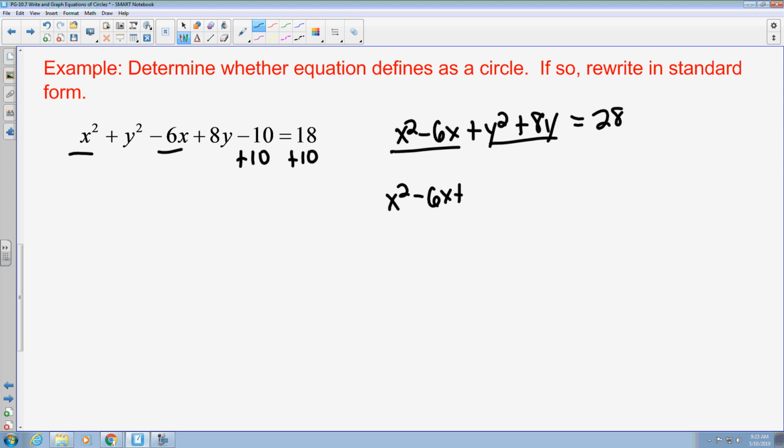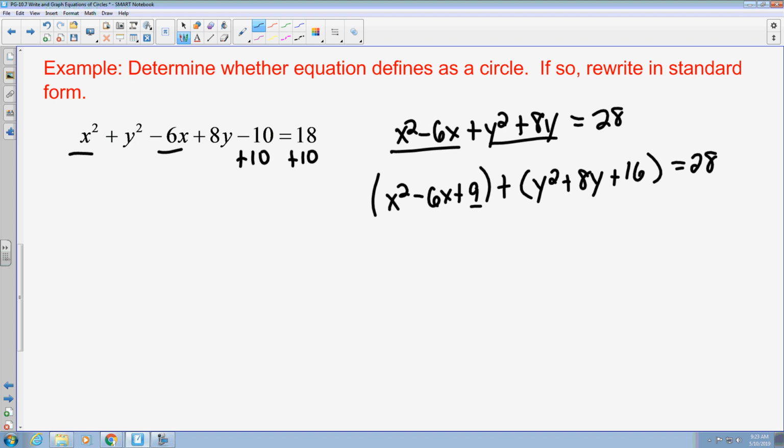Negative 6 divided by 2 is negative 3. Negative 3 squared is 9. So that is my perfect square trinomial there, plus y squared plus 8y plus, 8 divided by 2 is 4. 4 squared is 16. And then it's going to equal 28.